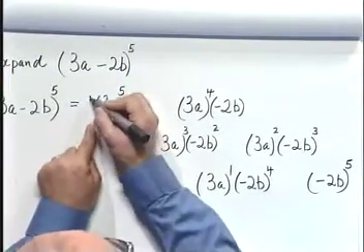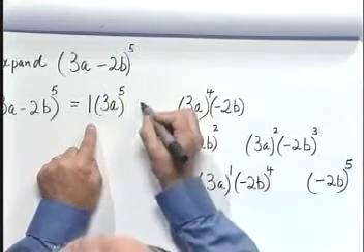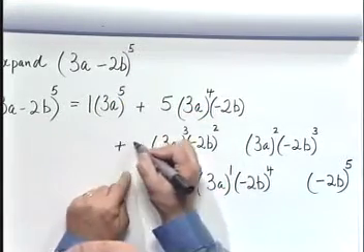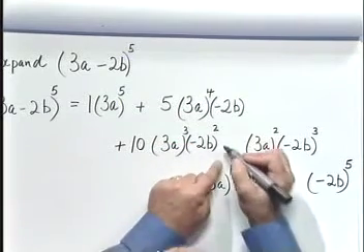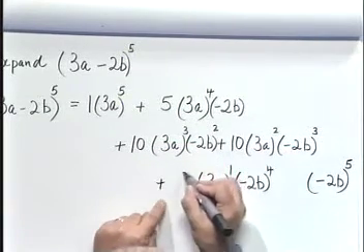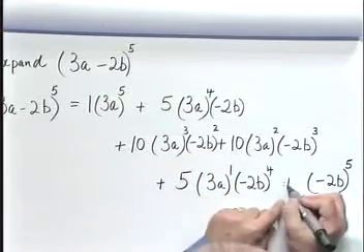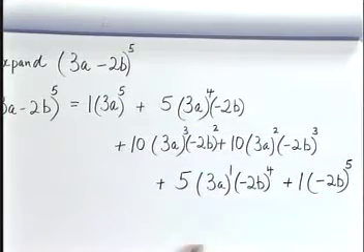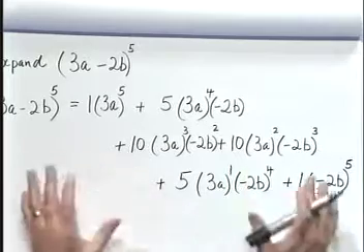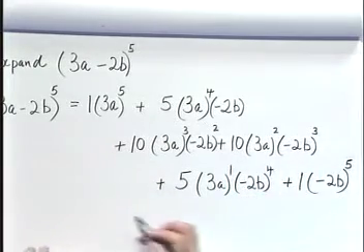So we want 1 of those, 5 of those, 10 of those, 10 of those, 5 of those, and finally 1 of those. You can see now why I left a lot of space when I was writing all this down. There's a lot of things to tidy up in here.